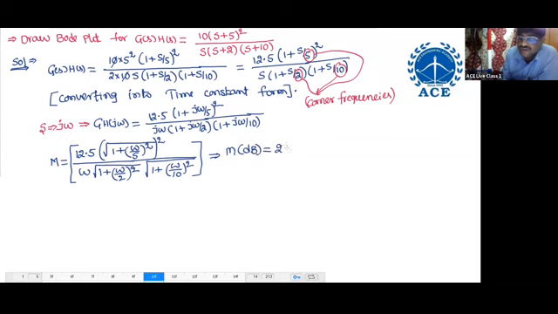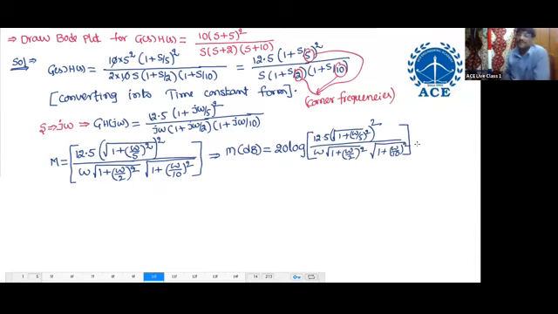Magnitude in dB equals 20 log of this total term, that is, 20 log of 12.5 times the square root of (1 + (omega/5)^2) whole squared, divided by omega times the square root of (1 + (omega/2)^2) times the square root of (1 + (omega/10)^2). If they ask for the magnitude at a frequency of some value, for example 10, you substitute 10 here and get the value.